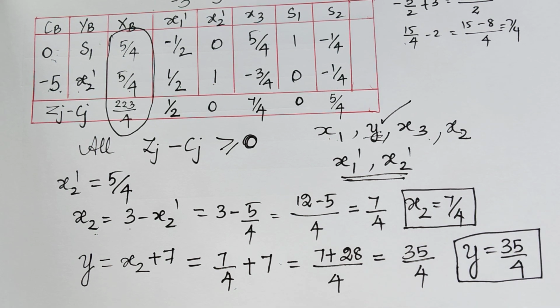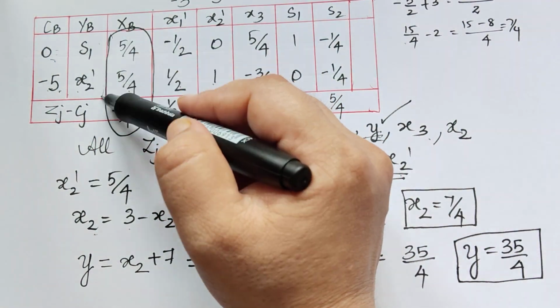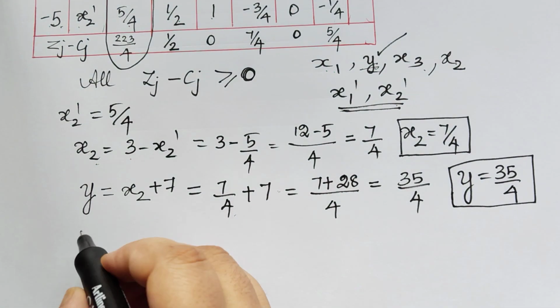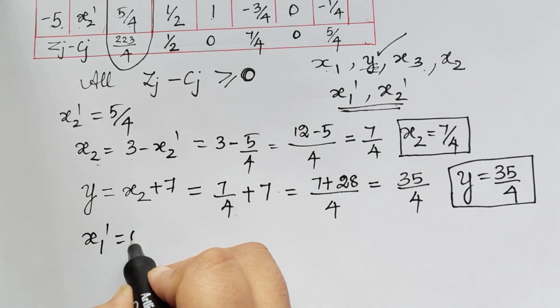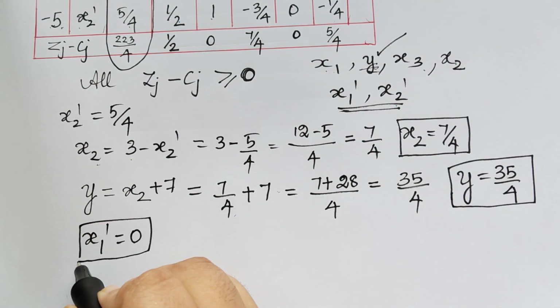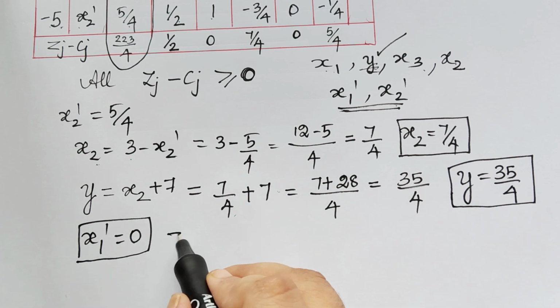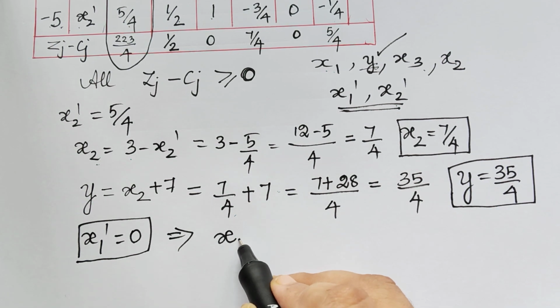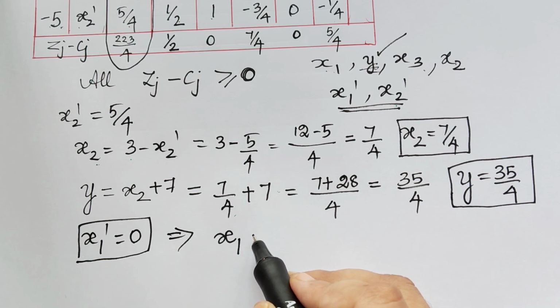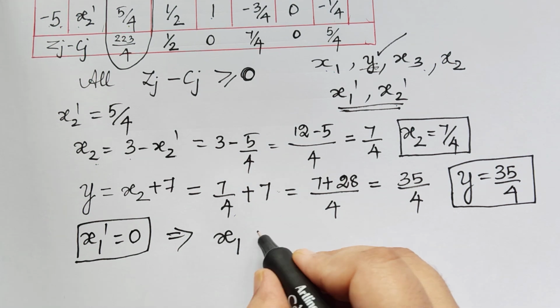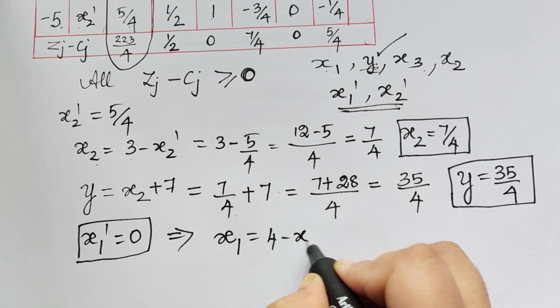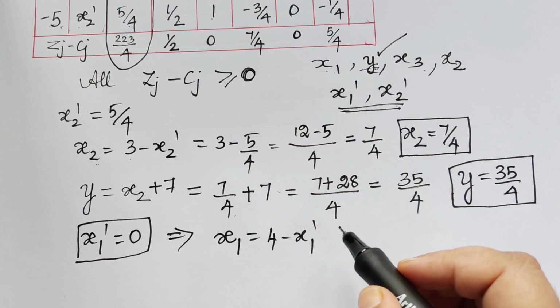So now the remaining is, we don't have x1 dash in this table, and so x1 dash will be equal to 0 therefore. So if x1 dash is 0, we know that x1 is equal to what? In respect of x1 dash, it was equal to 4 minus x1 dash. Okay, so refer to the problem.